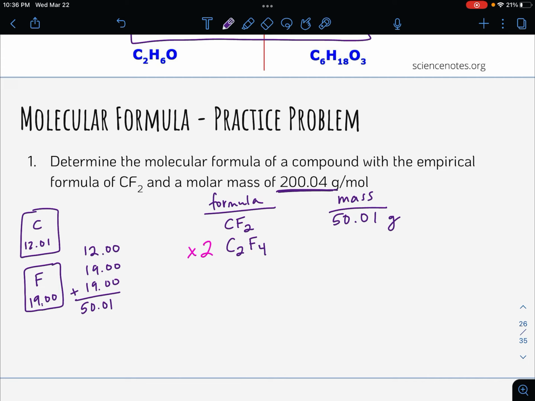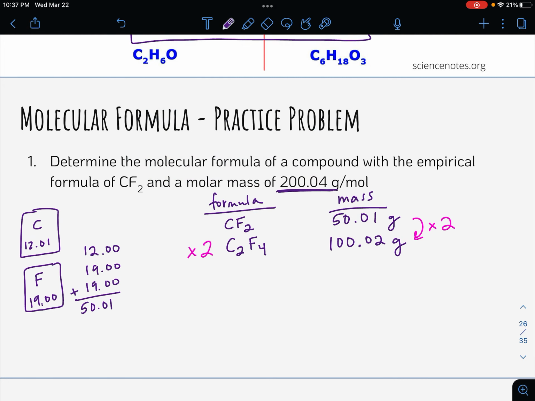If I have 2 carbons, that's 12 plus 12, and then I add 4 fluorines. I get 100.02 grams. Because I doubled the amount of elements, all I did was double my mass.